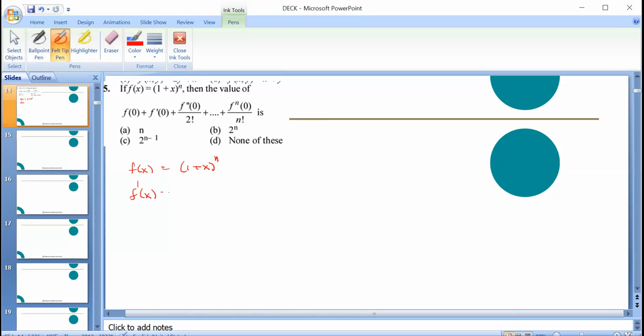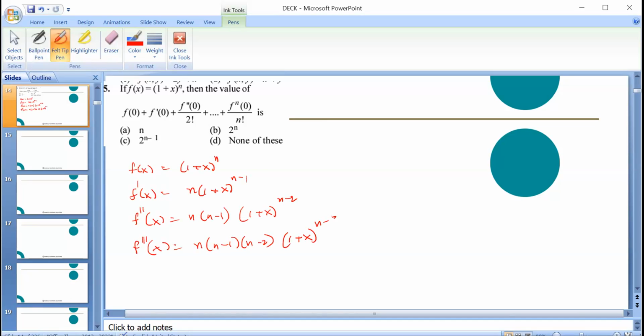F dash of x is n into 1 plus x power n minus 1. F double dash of x is n into n minus 1 into 1 plus x power n minus 2. F triple dash of x is n into n minus 1 into n minus 2 into 1 plus x whole power n minus 3. Like that, f nth derivative will be n into n minus 1 into n minus 2.